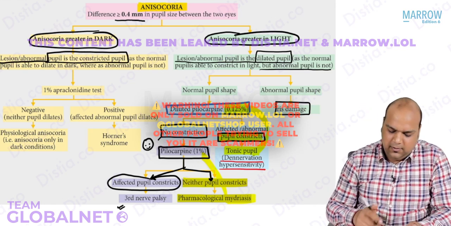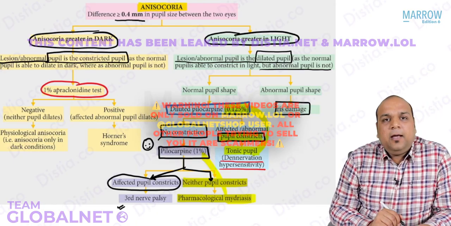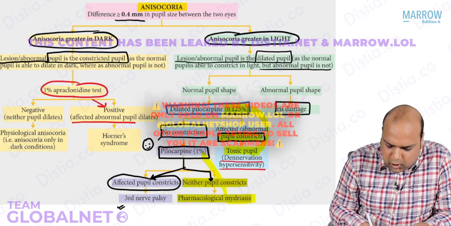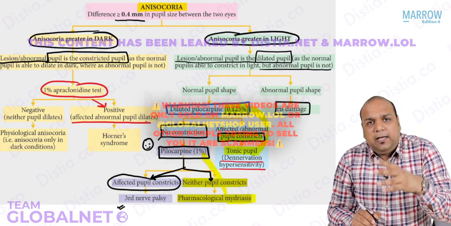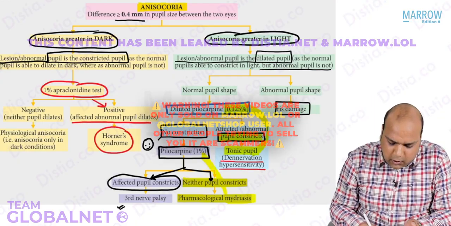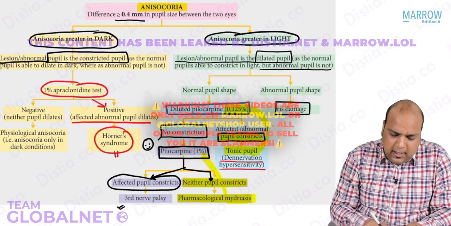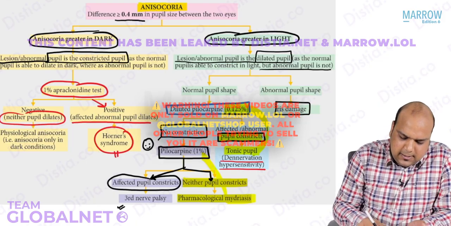Okay, everybody? Now, we do a test which is called the 1% apraclonidine test. If on putting apraclonidine, the affected abnormal pupil dilates, everybody, the pupil which was not able to dilate, if it is able to dilate, we call it a case of Horner syndrome. As simple as that. Horner syndrome we have already studied. If it still does not dilate, that means there is no disease.